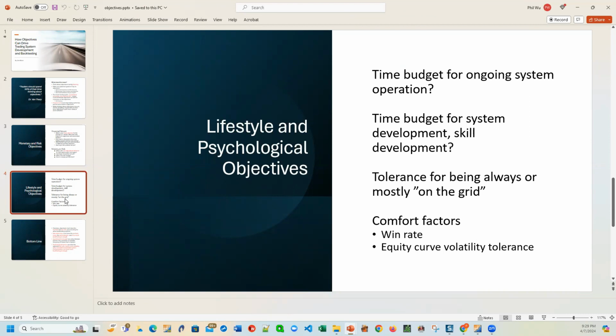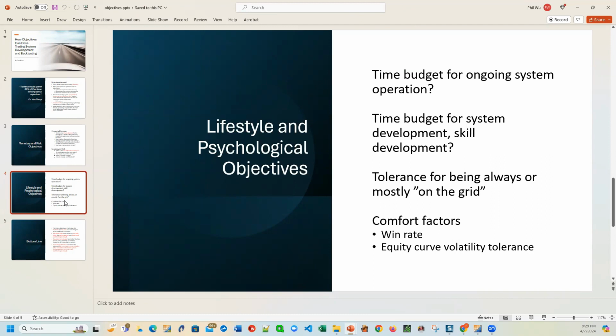Are you willing to be on the grid most of the time so that you can manage your exits for the open positions, and take your setups and entries as they come day after day? How much availability do you have, and what's your comfort? Could you handle a 6 or 12 straight losing streak or something like that? Could you handle certain volatility in your trading results?